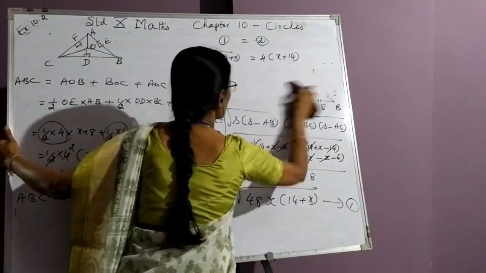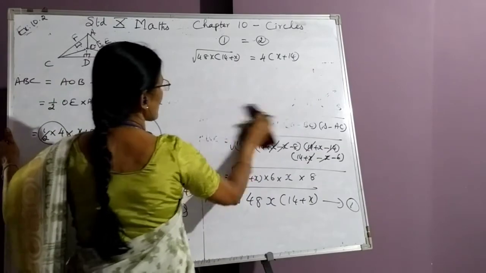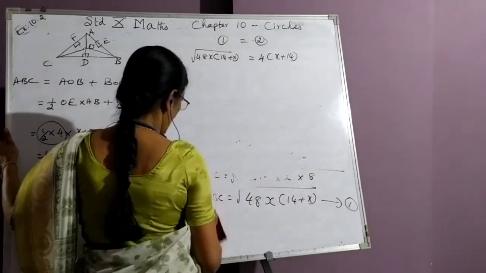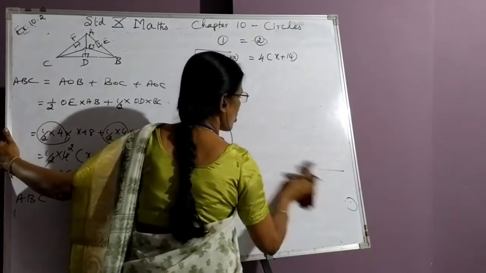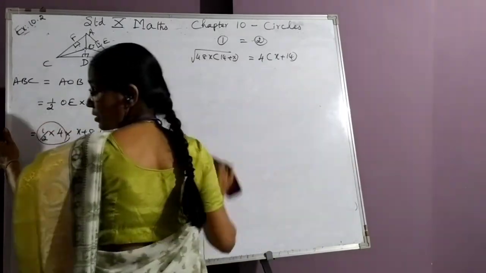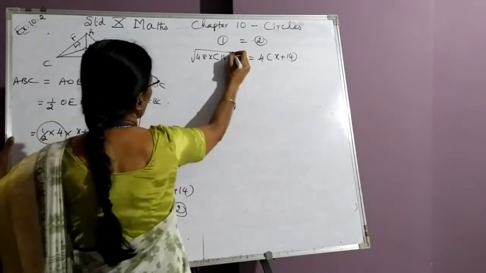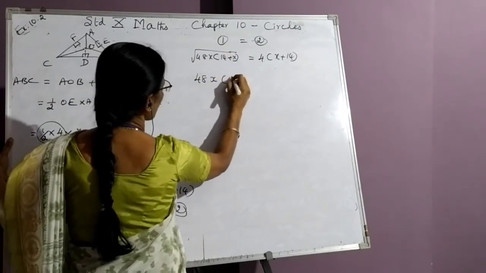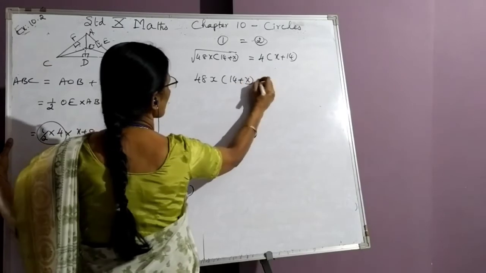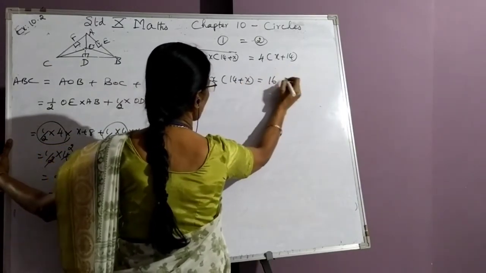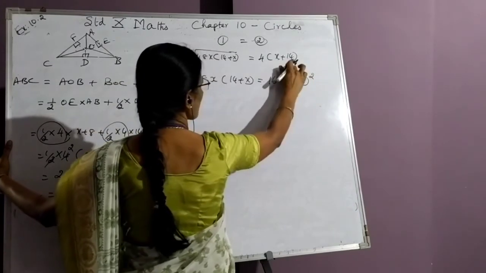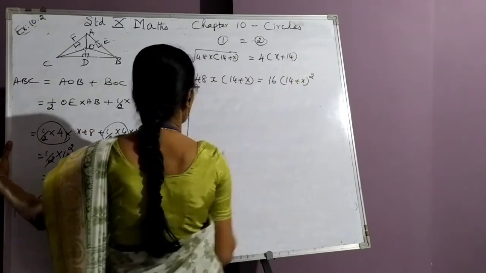You can see one side has a root and the other side is without root. So to eliminate the root, we are going to square on both sides. When we square, the root gets eliminated. We get 48x into 14 plus x, and here when you square, you will get 16 into 14 plus x, the whole square. x plus 14 is the same as 14 plus x. Right.